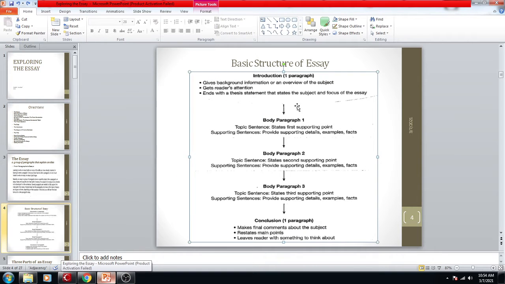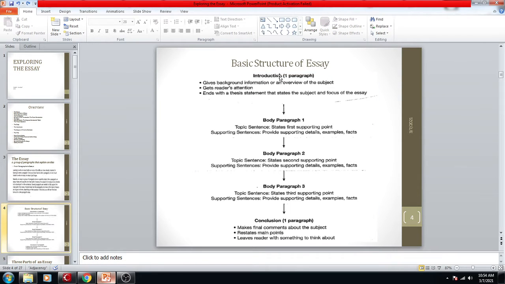Okay, this is the basic structure of the essay, as you can see. You have the introduction, first paragraph, and then the body, the development. You can call it body or development, where you have your set of supporting paragraphs.